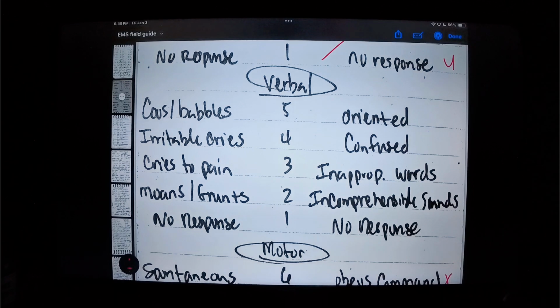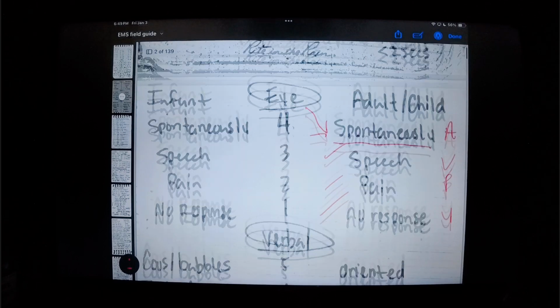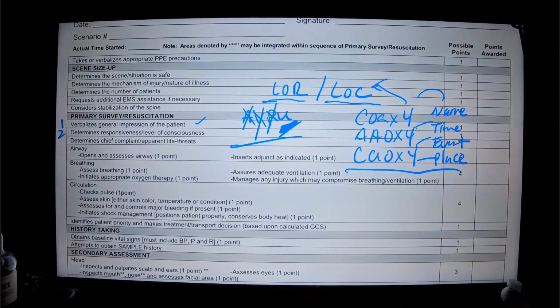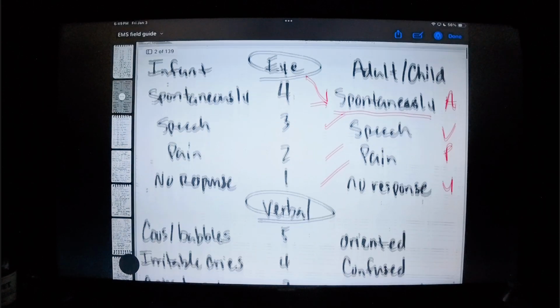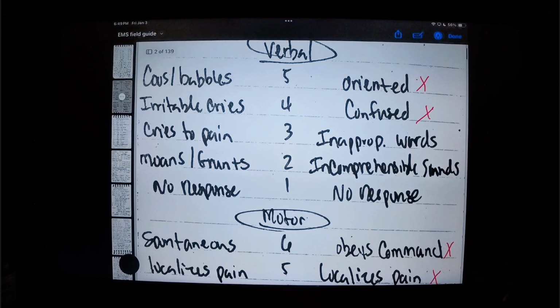Then we continue. Verbal: are they verbal? If you have an unresponsive patient, you're not going to get a COA times 4, but you still have to continue, so we skip to this. Obviously not oriented, not confused, because they're unresponsive. But they may react to words, they may react to sounds, or they may not react at all.